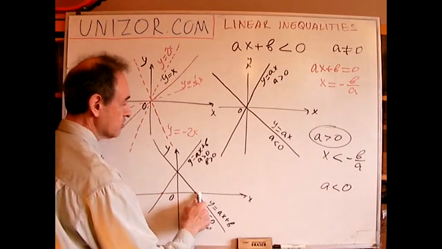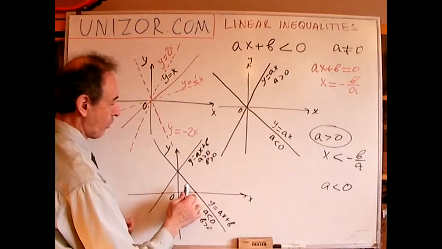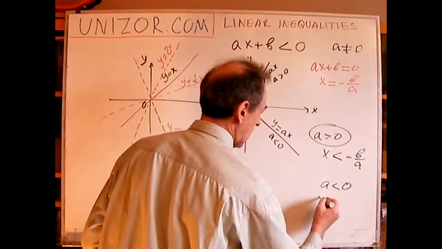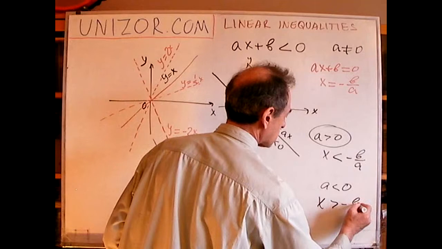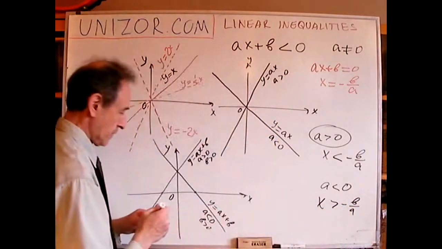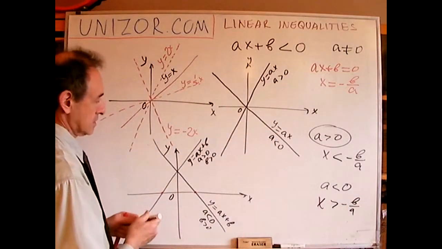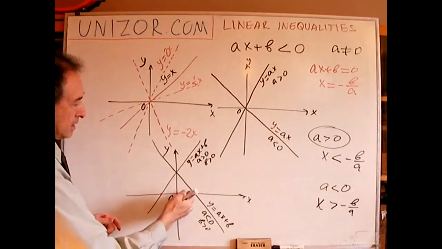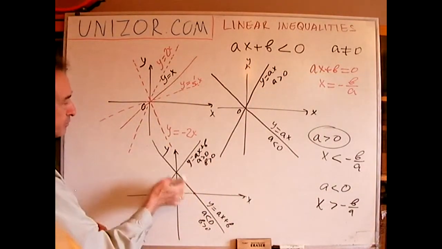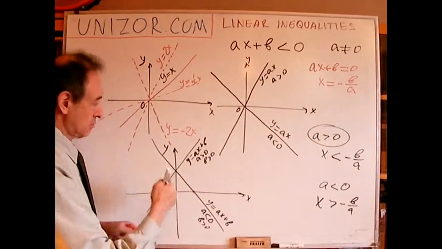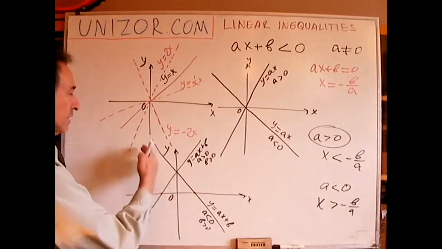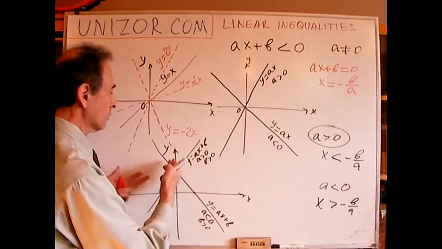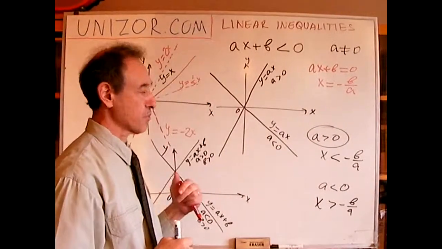So I have to move to the right from this point, which is a solution to this equation. So the answer is x should be greater than minus b over a to satisfy this particular inequality. If I move to the left, the graph will increase, because when I'm moving to the left, a monotonically decreasing function will increase its value, and the value will be greater than 0, which is not good for this purpose.